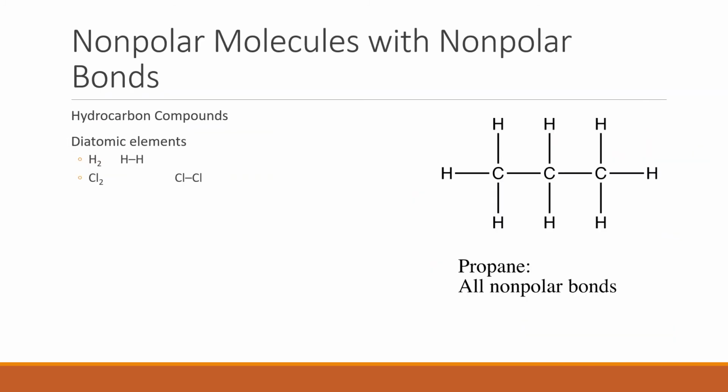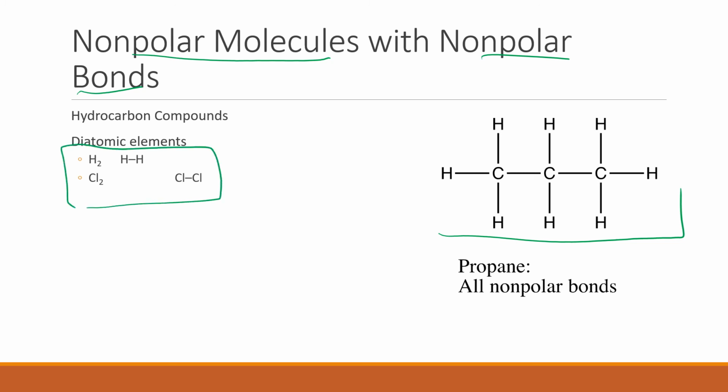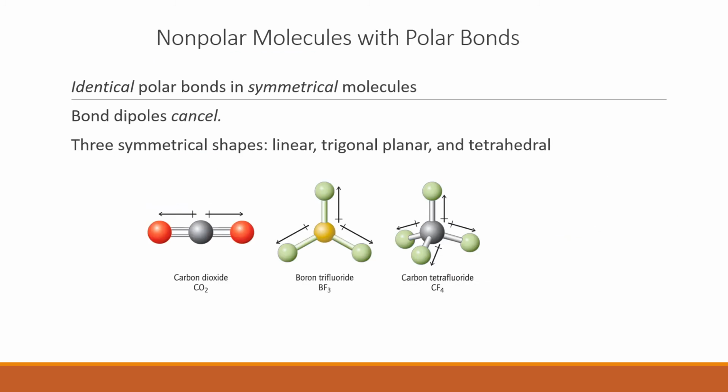Some examples of non-polar molecules with non-polar bonds are given here. All the bonds in these molecules are non-polar, hence overall these molecules are also non-polar. As I explained earlier, if your molecule does have a dipole or multiple dipoles, but the geometry of your molecule is symmetrical, those dipoles will cancel each other out.